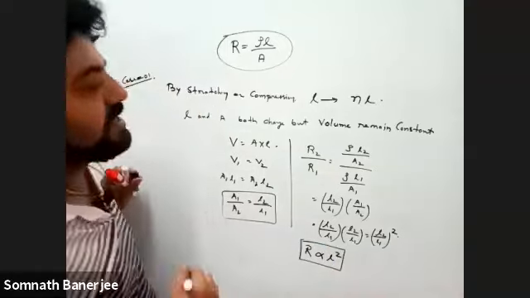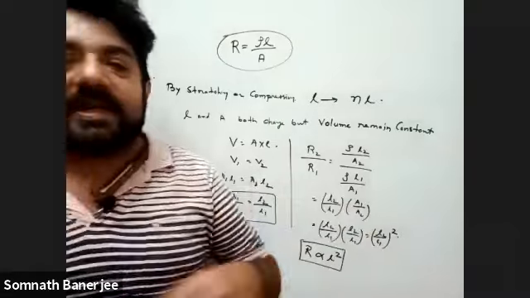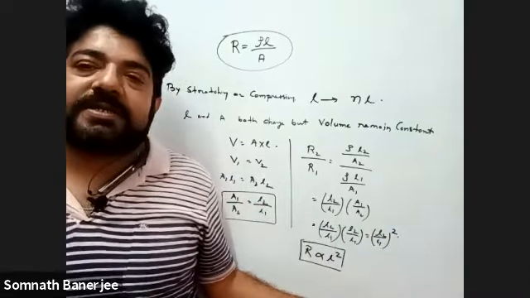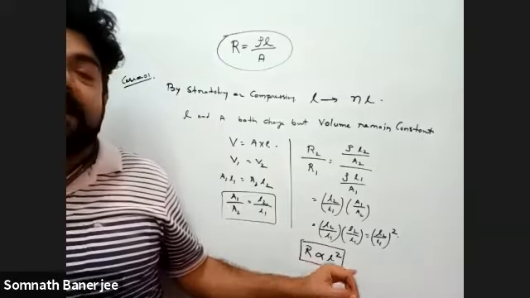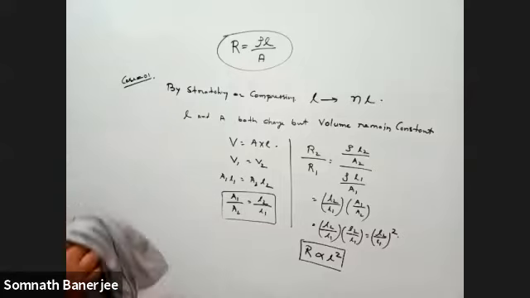So if the question asks you in that manner, if we change the length, increase or decrease by stretching, then how does the resistance change? It will depend on the length's square. I give you one example, then you will understand it.